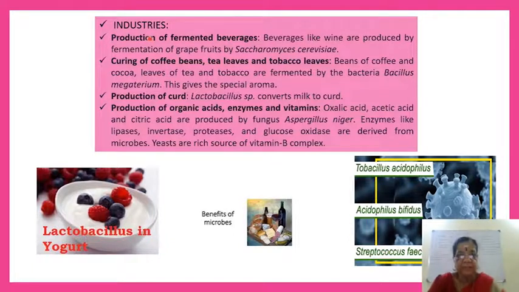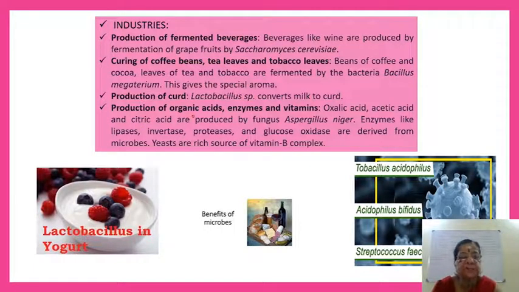So industry first production of fermented beverages, then curing of coffee bean, tea leaf and tobacco leaf. Fermented beverage வந்து by the action of Saccharomyces cerevisiae. Curing of tea, coffee and tobacco வந்து by the fermenting action of Bacterium Bacillus megaterium. Then production of curd வந்து Lactobacillus species.